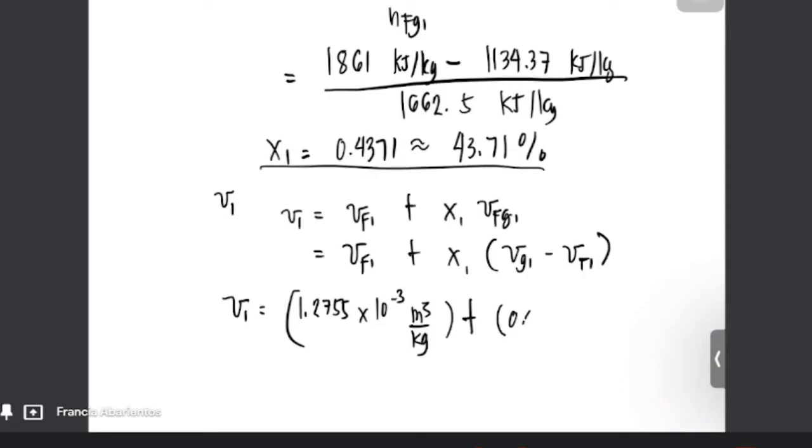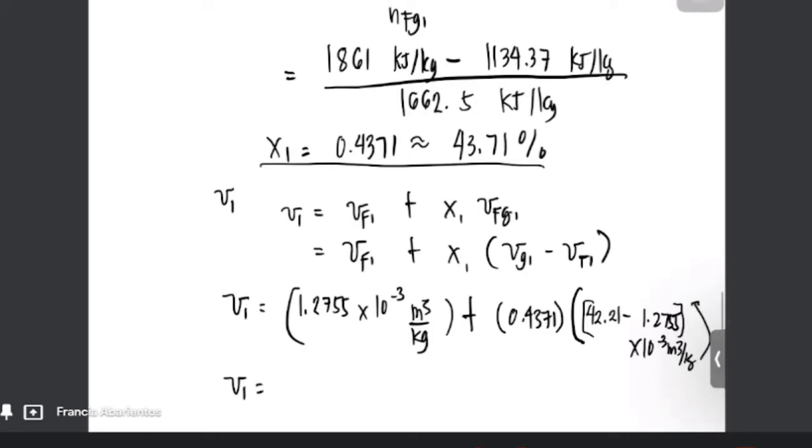What's the quality? Vg is 42.21 minus 1.2755 times 10 to the negative 3 cubic meter per kilogram. Okay. What is your specific volume? Sige nga. Compute din nga ni ma'am. Huwag kakalimutan yung times 10 to the negative 3 ha. 1.2755.